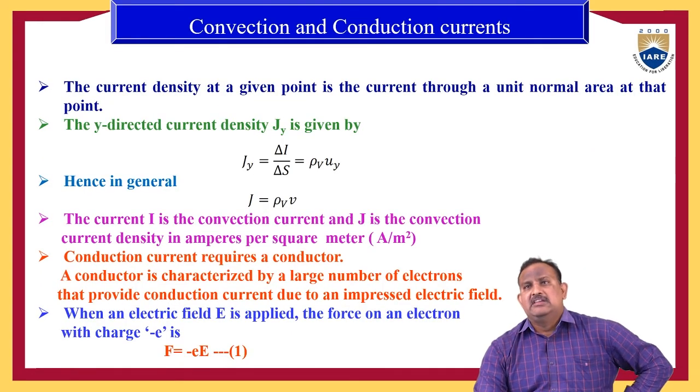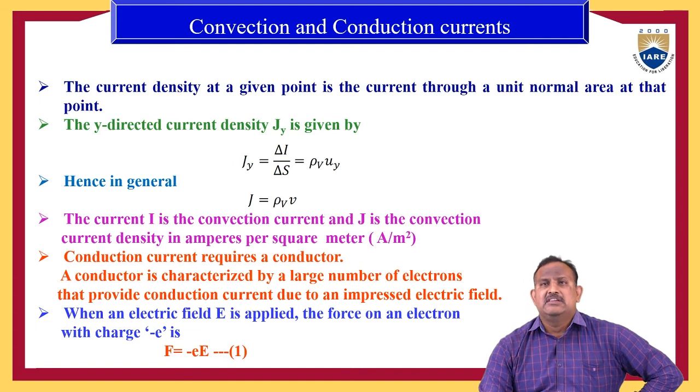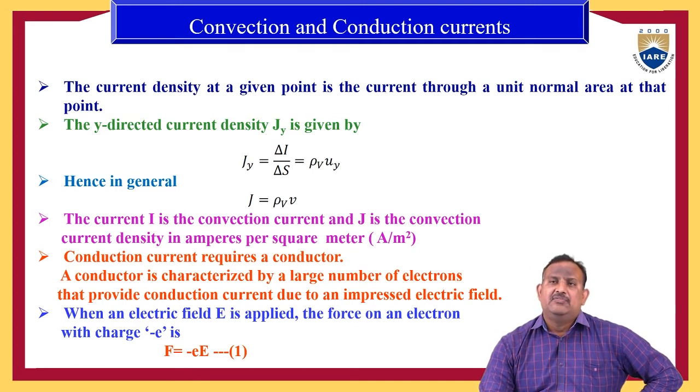Next, the current density at a given point is the current through a unit normal area at that point. The y-directed current density Jy can be defined in a similar fashion, same as the previous one. Therefore Jy is equal to the change in current over the change in surface area.